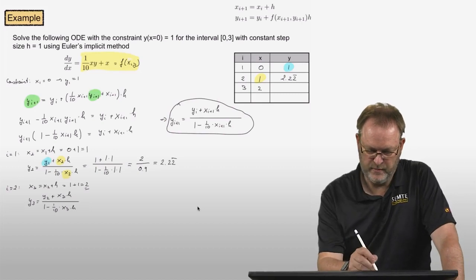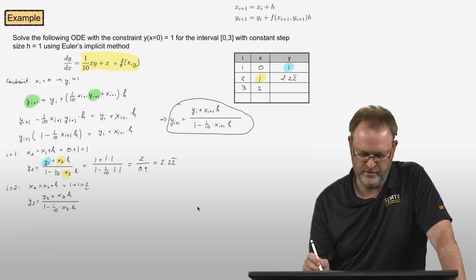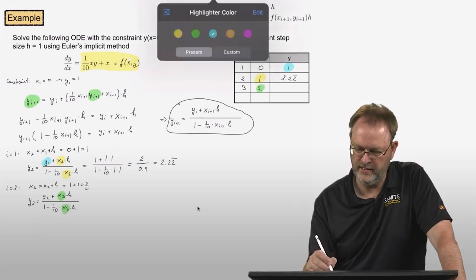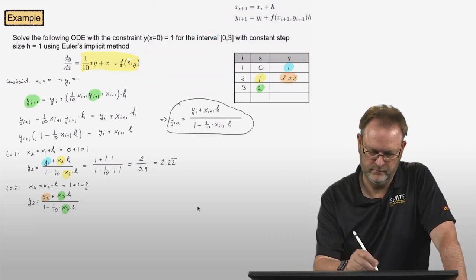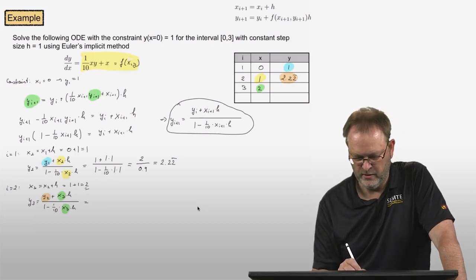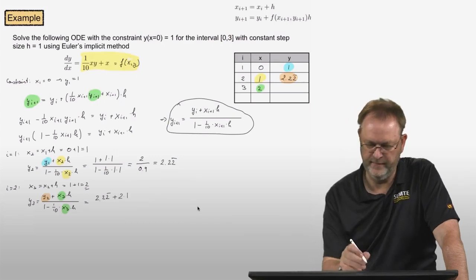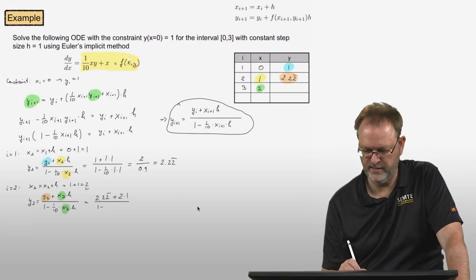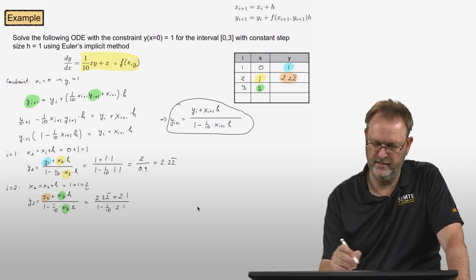Okay, so let's plug in the values. Let's mark them first over here. So I have an x3 that I have to use. That's this value here. And then I'll have a y2 value, that would be this value. So that's equal to 2.22 plus x3 is 2 times h is 1 divided by 1 minus 1/10 times x3, that's the 2, times h, that's the 1.